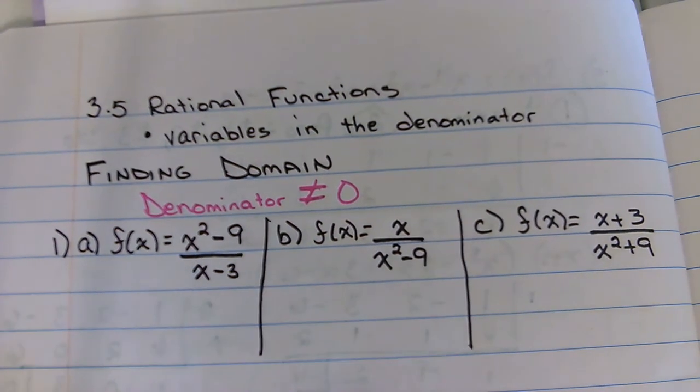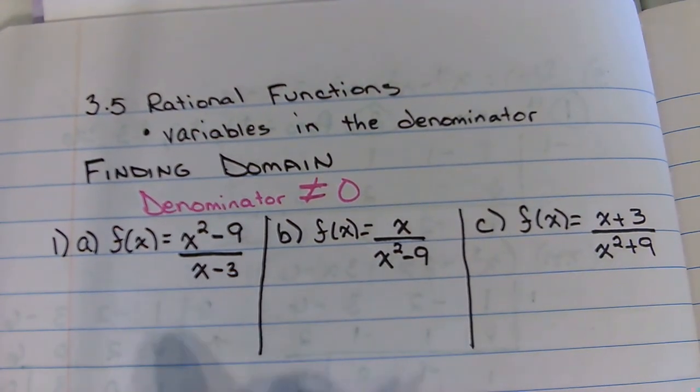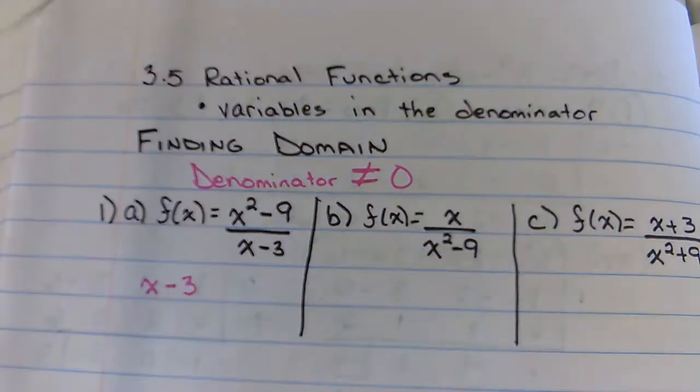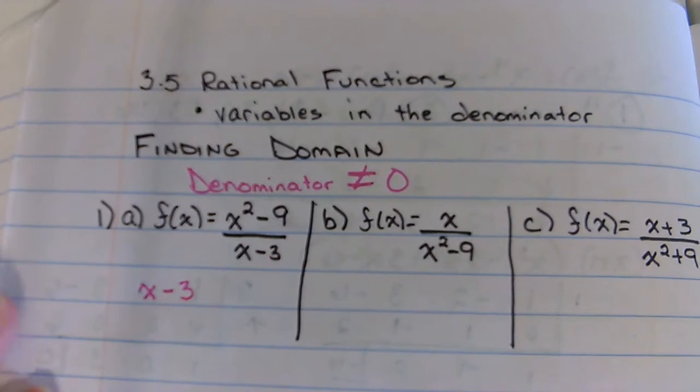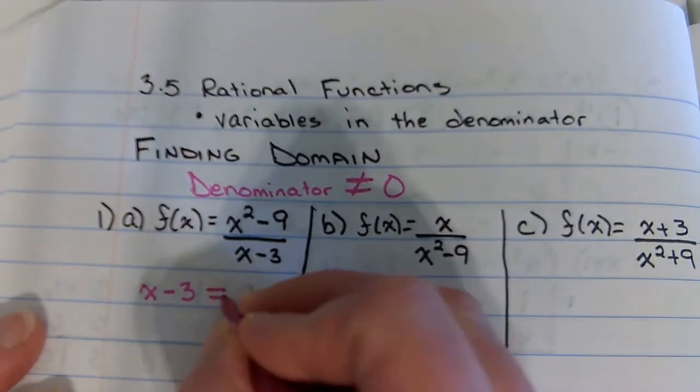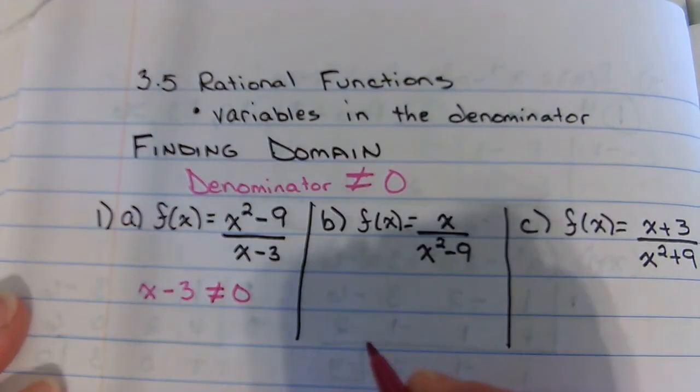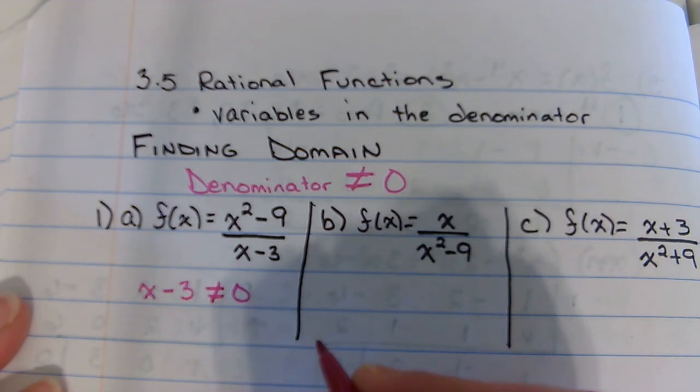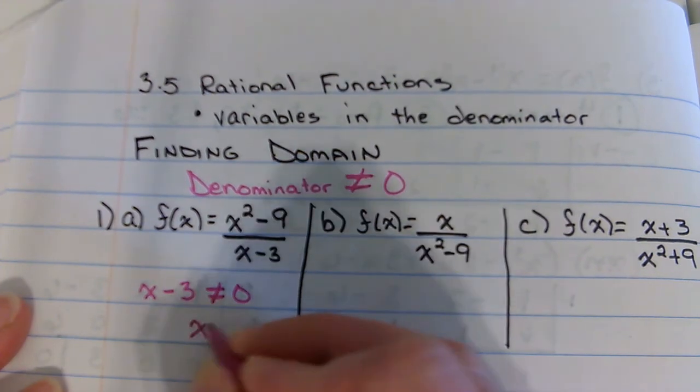And the domain is whatever we want to make sure that the denominator never, ever, ever equals 0. So we'd simply just take that denominator and say we don't want it to be 0. And then solve. So that's x cannot be 3.